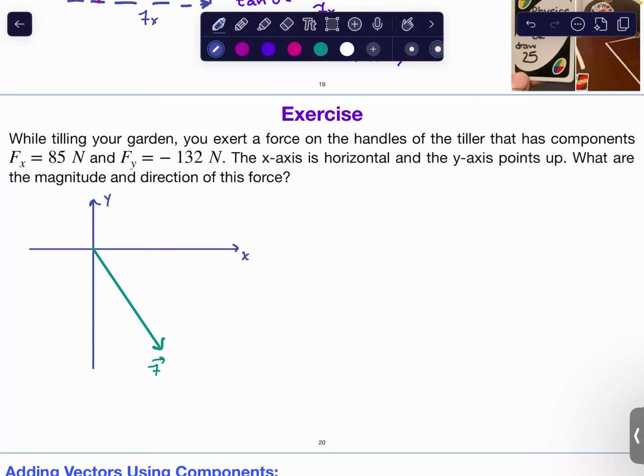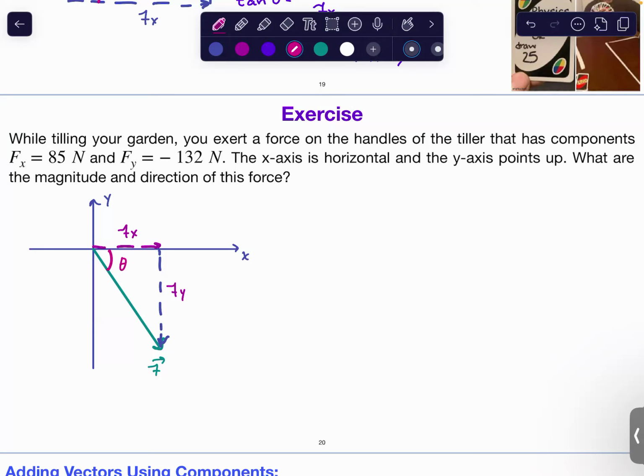Okay. Let's look at my components. And at least for now, we're going to say theta is right there.